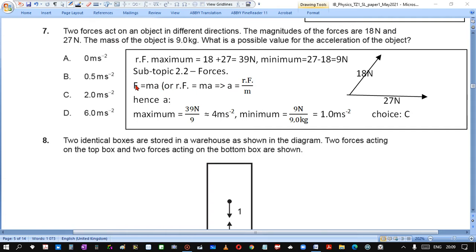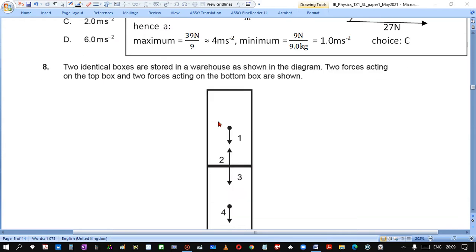Actually, it is not force, it is resultant force. Acceleration will be resultant force over mass. Hence, maximum acceleration will be 4 meters per second squared and minimum 1. So the acceleration choice in this interval is C.